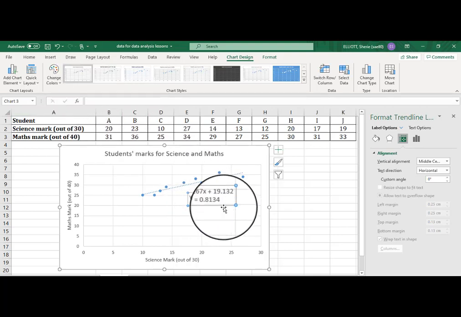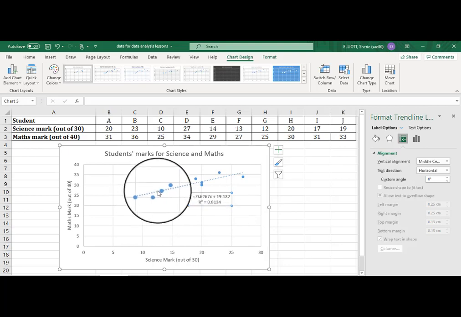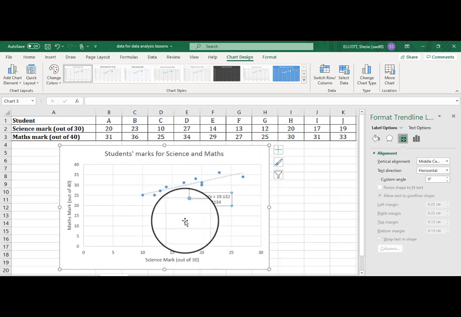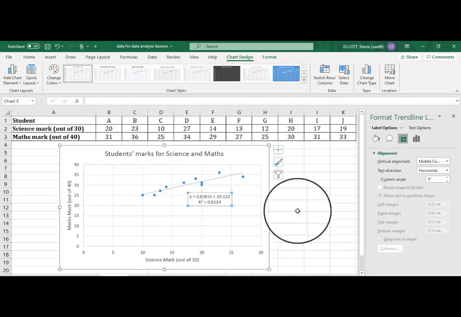So you now have the equation of this line of best fit being y equals 0.6267x plus 19.132, and your r squared of 0.8134, which is quite high, so indicating a strong relationship. Okay, so that's how you can create a scatter plot and put in a trend line in Excel.